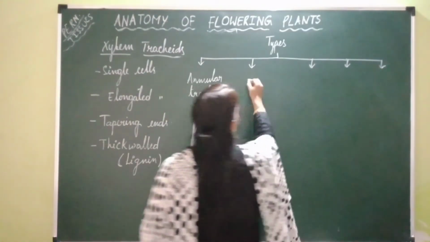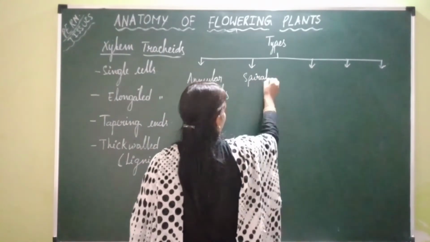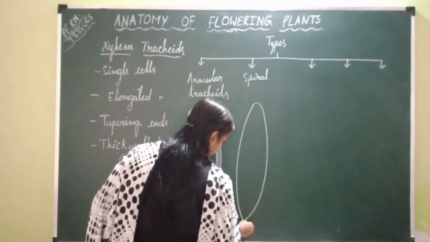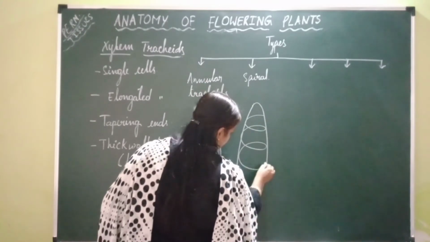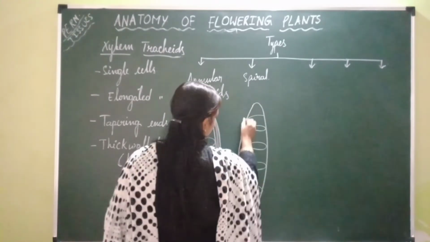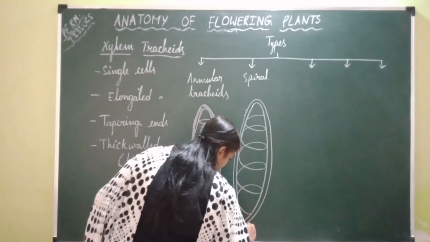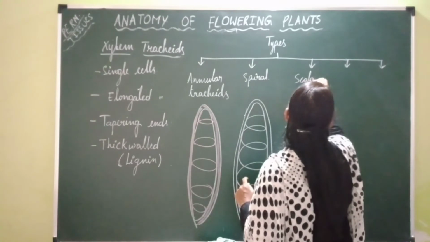Next, coming to spiral thickenings. Spiral thickenings are in the form of a spiral like this. These are called spiral thickenings. Next, coming to scalariform thickenings.